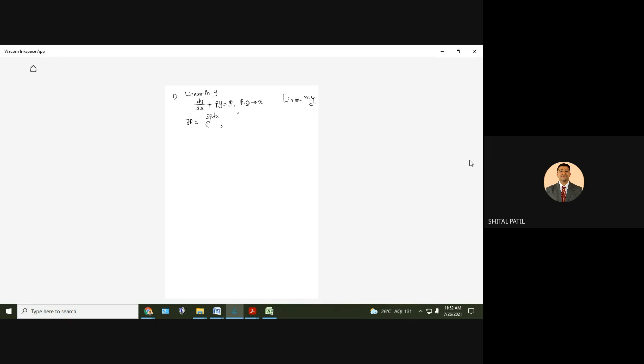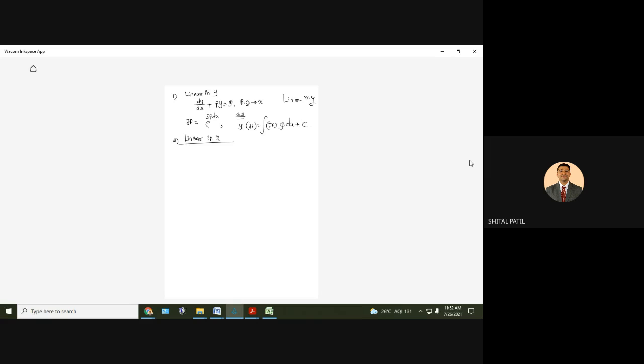And the general solution is y times integrating factor equal to integration of integrating factor times Q dx plus a constant. Then second is linear in x.